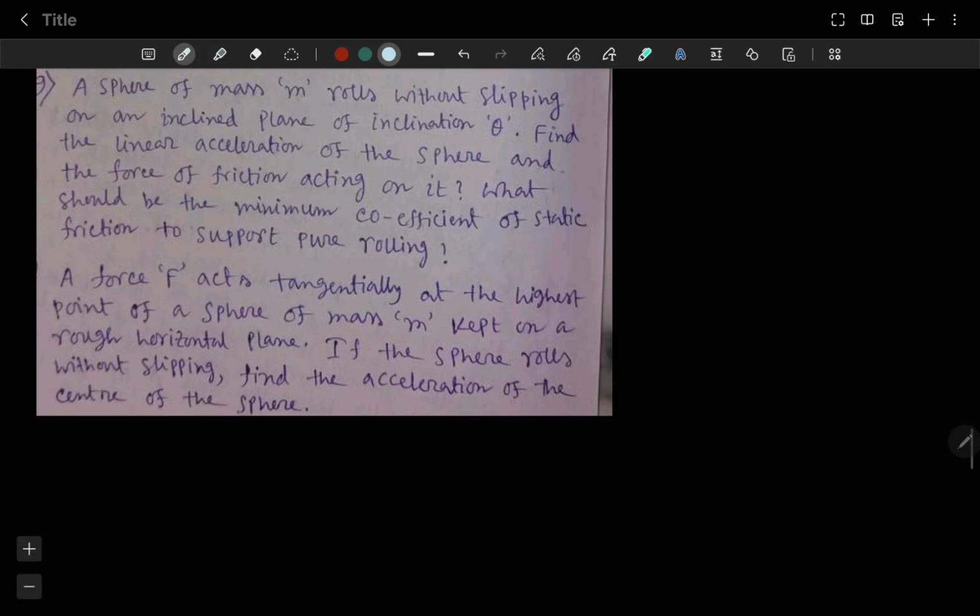Okay, acceleration is given like this: g sine theta by 1 plus I by mr square, right? Okay.